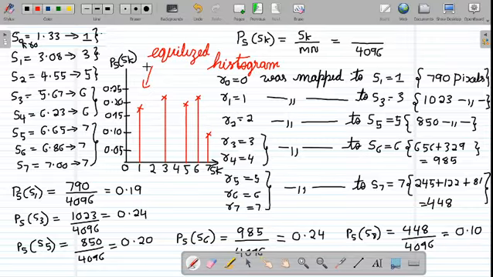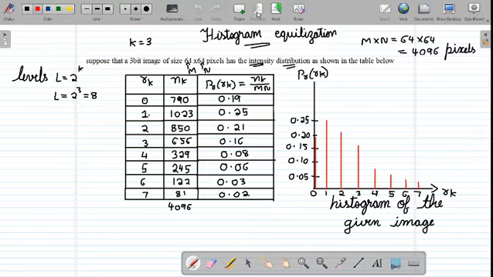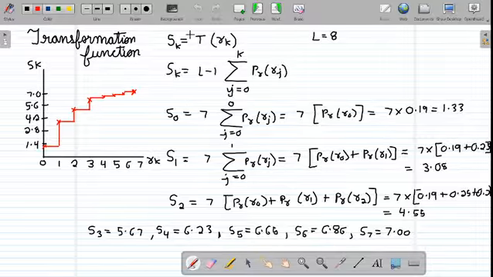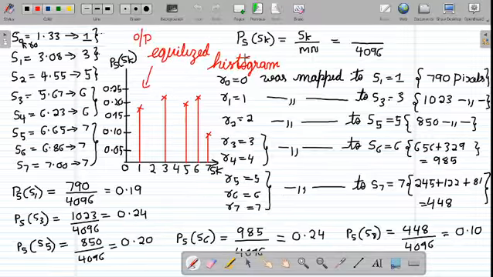It's also called the output histogram. Earlier, this was the histogram of the given image. When we apply a transfer function on that, we get this as the histogram. This is the modified histogram, which is called histogram equalization. Okay, so this is a very important problem.